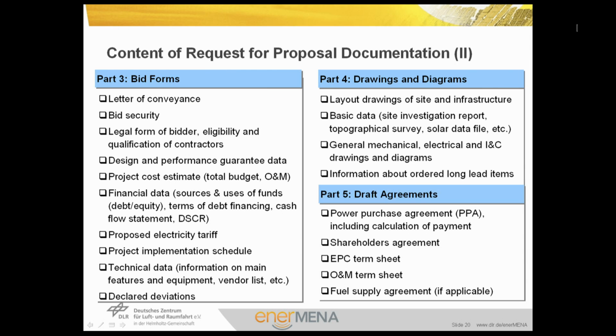The request for proposal documentation includes also some bid forms, such as letter of conveyance, bid security, legal form of bidder, eligibility and qualification of contractors, design and performance guarantee data, project cost estimate, total budget, operation and maintenance costs, financial data, such as sources and uses of funds, debt equity, terms of debt financing, cash flow statement, debt service coverage ratio, proposed electricity tariff, project implementation schedule.